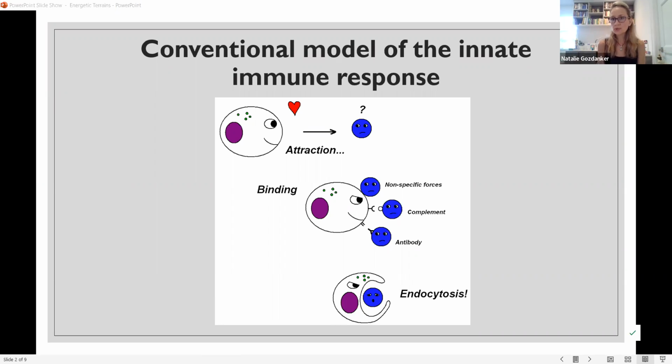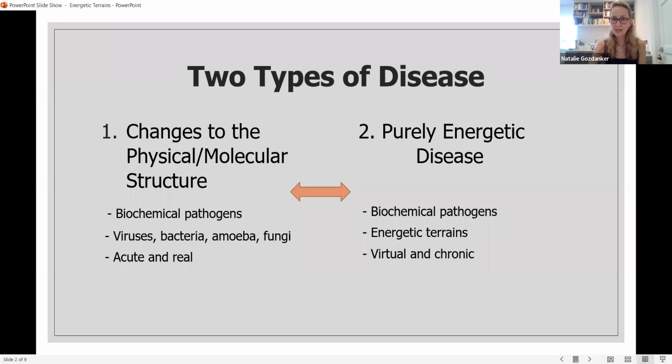Also, the classic model of immunology doesn't explain the fact that in the same environment, with several people being exposed to the same pathogens, there will be those who develop a disease and others who will not. How come?